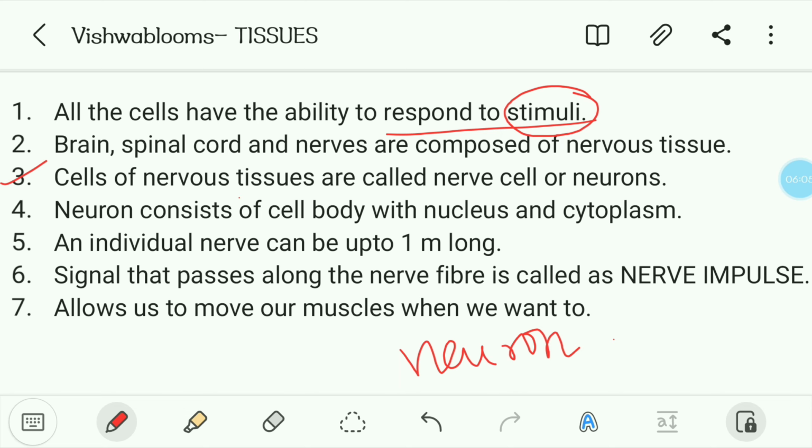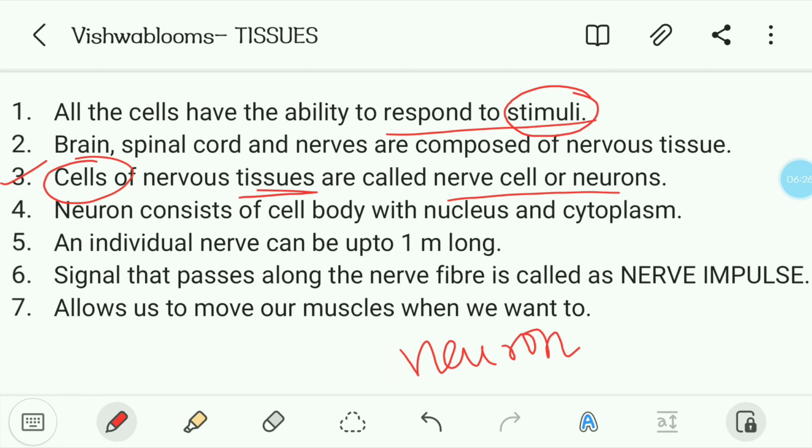In nervous tissue, the functional unit, the cell, is called a nerve cell or neuron.